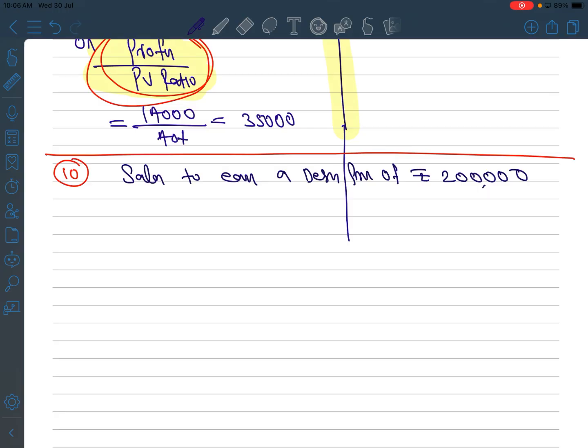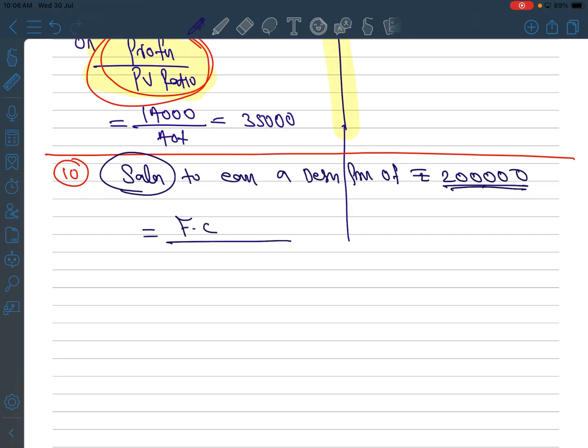They may set some target profit, maybe 2 lakh, 10 lakh. At what sales, at how many units, will he get this much profit? That's their desired profit.